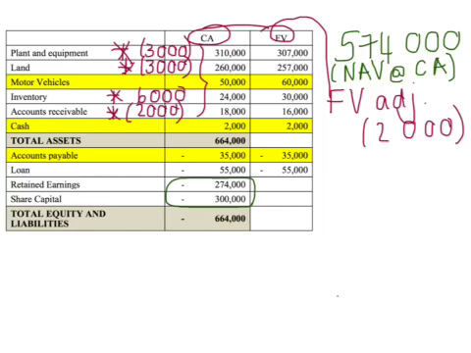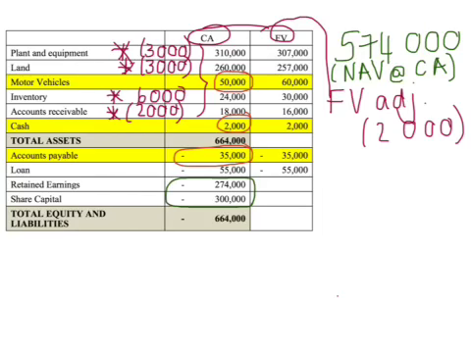Then we also have to exclude the items that are not acquired or taken over by the company that's doing the acquisition. So in this example, it would be our motor vehicles, cash, and accounts payable.